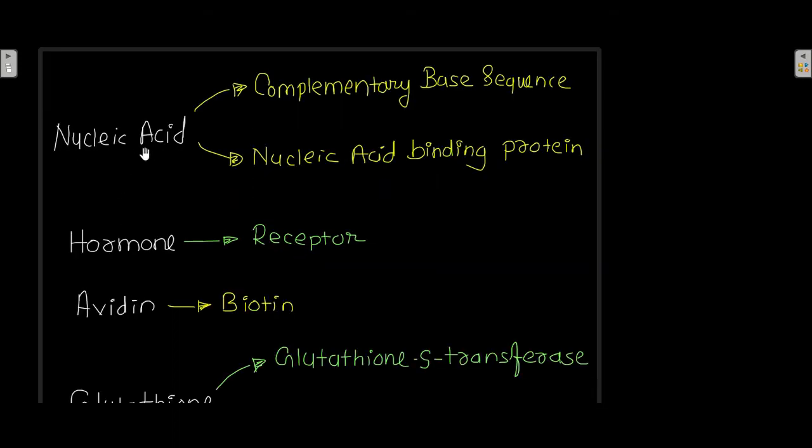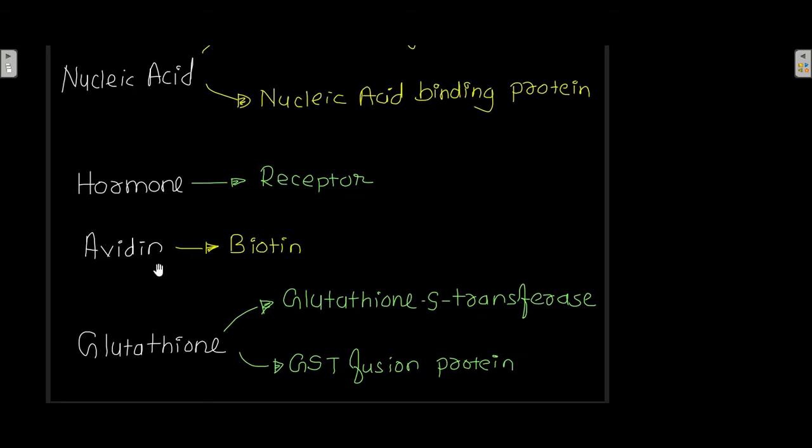If you are using nucleic acid as a ligand, then you can purify the complementary base sequence and nucleic acid binding proteins. If a hormone is the ligand, then you will be able to isolate the receptor. If avidin is the ligand, then you will be able to isolate biotin.